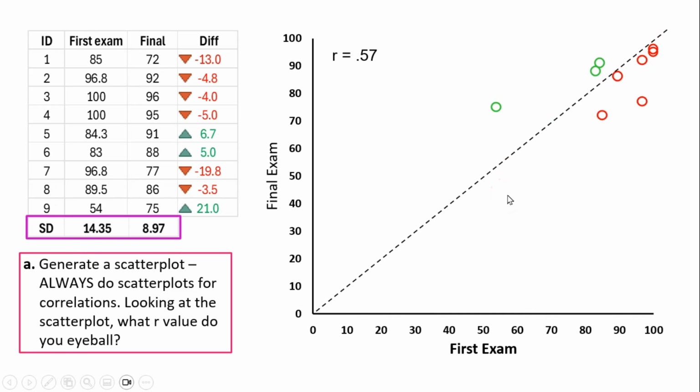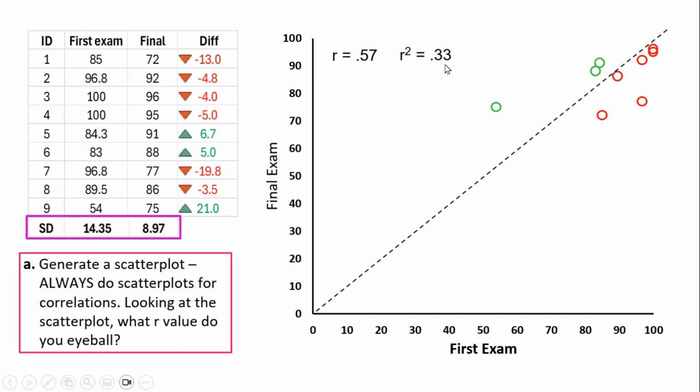Now, the other thing you can do with correlation is what's called the coefficient of determination, and that's simply the R value squared. What that is going to do is give us a representation of how much variability in one variable can be accounted for by variability in the other variable. It works both ways. So for example, if I square 0.57, I get 0.33.